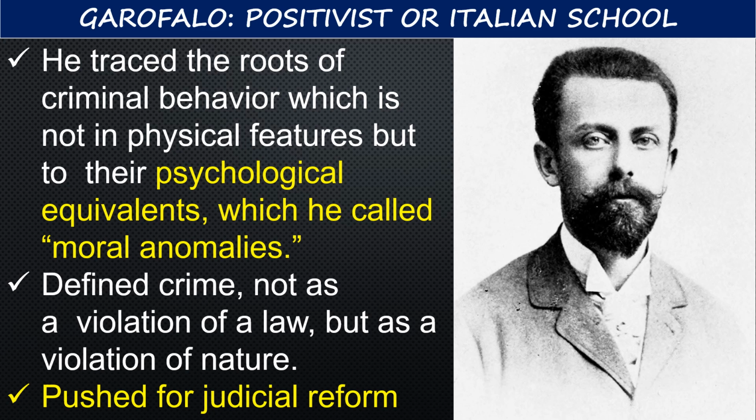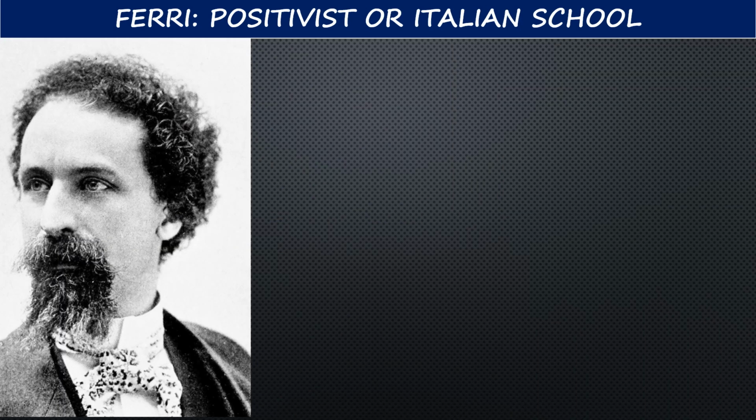So it's all about the psychological aspect, that there are people who may be suffering from mental illnesses. He defined crime as a violation of nature, because to him a criminal is practically suffering from a mental disease. So he pushed for judicial reform.